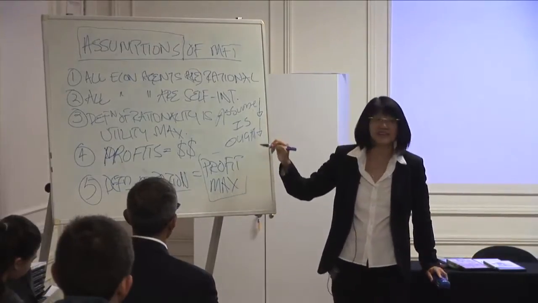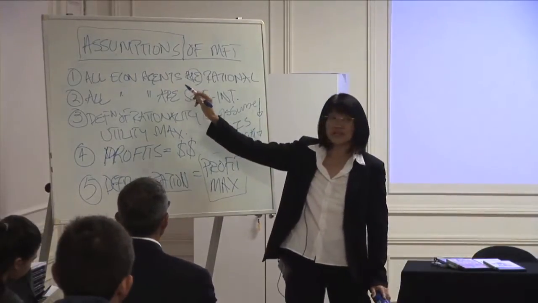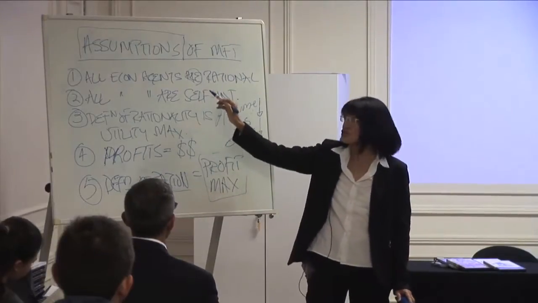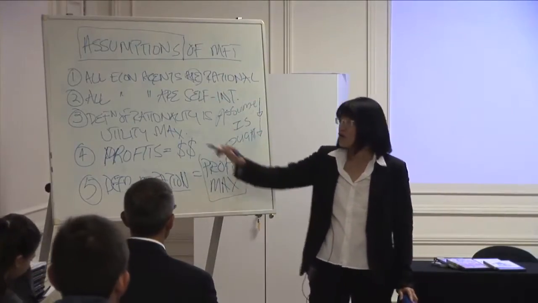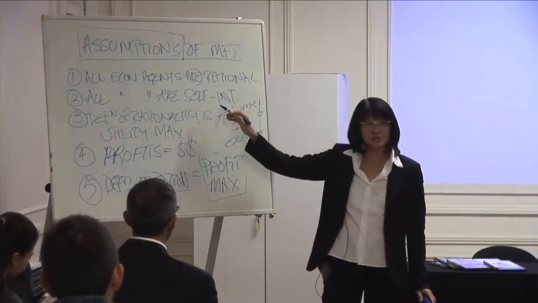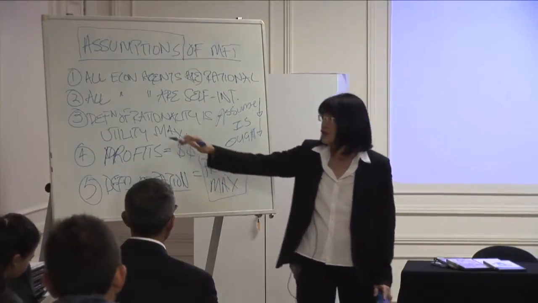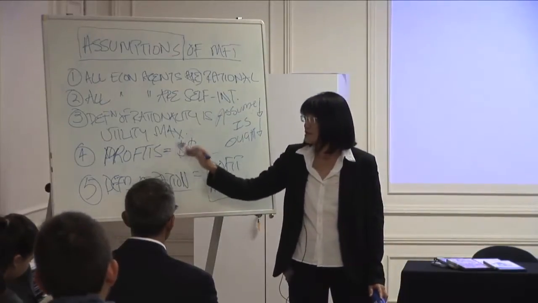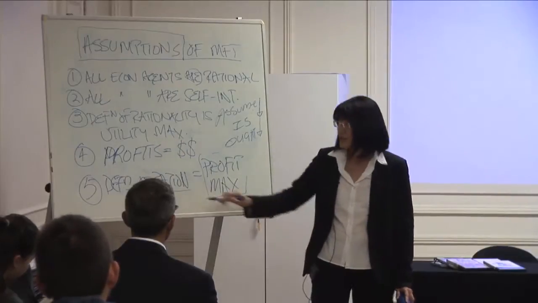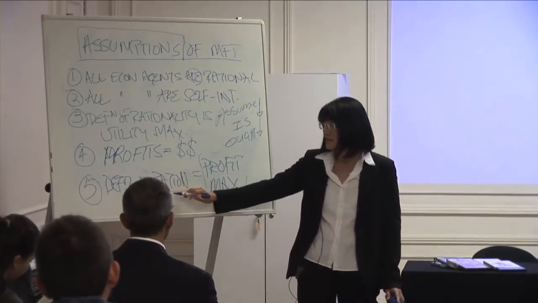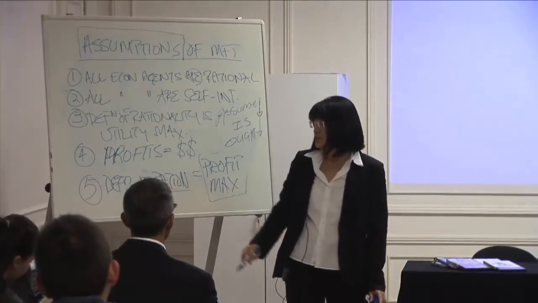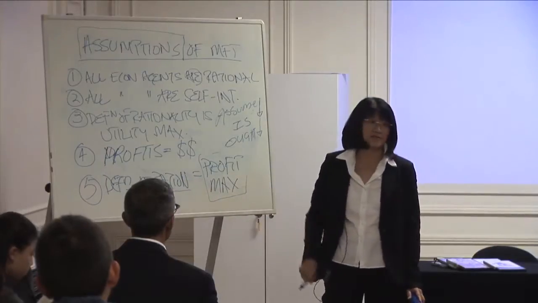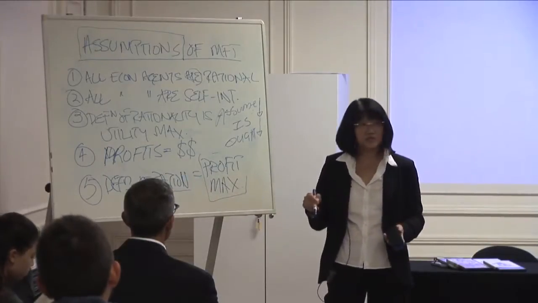So that we think now all economic agents ought to or should be rational. All economic agents should be self-interested. All economic agents should maximize utility. And all economic agents should be profit maximizers. So that's how it went to today.